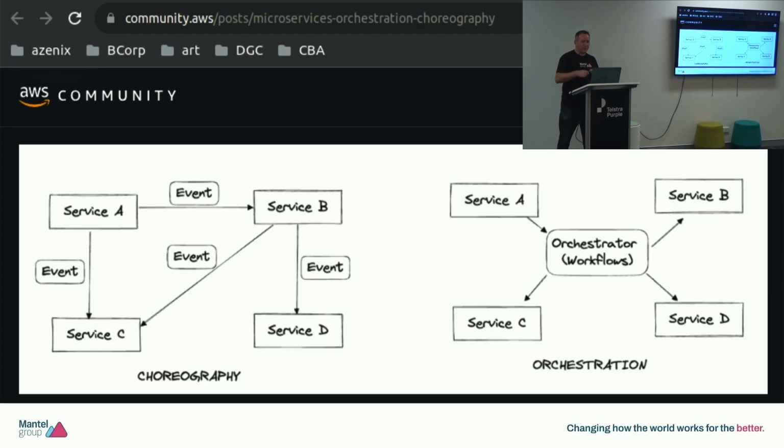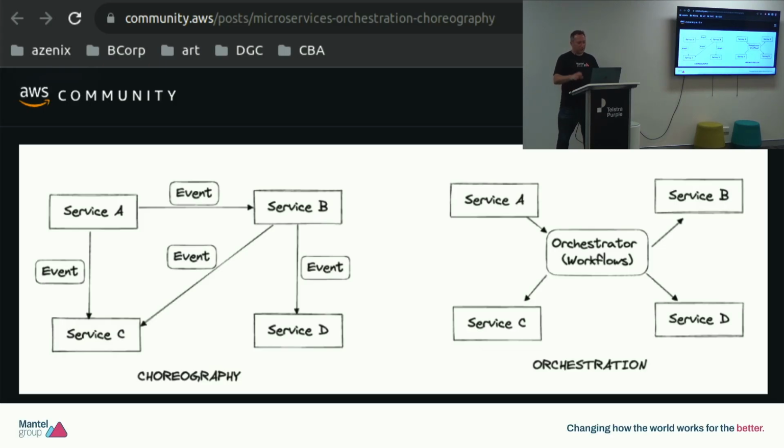Everyone's dancing around, passing things to each other, meeting up, splitting apart, but no one person is in control. Choreography is quite easy to set up because you just write the code for what each thing does, but the bigger picture is harder to keep track of, because individual systems are passing messages where they need to go.